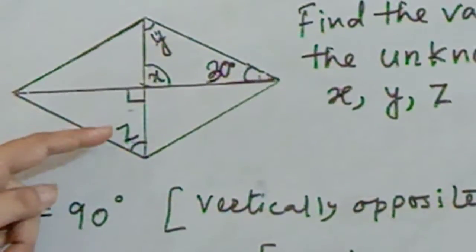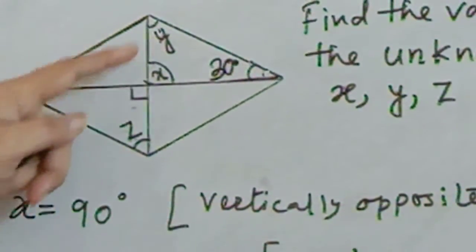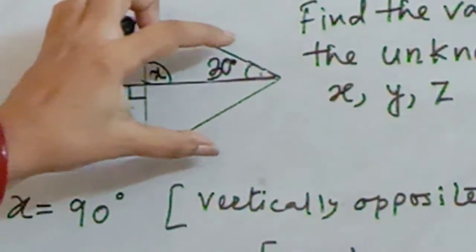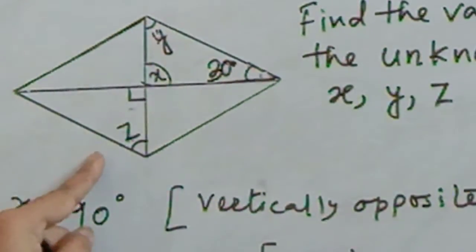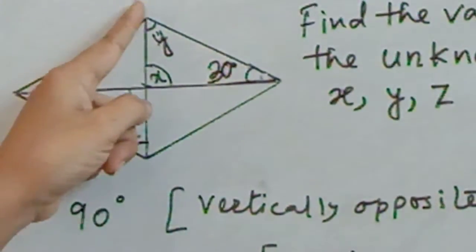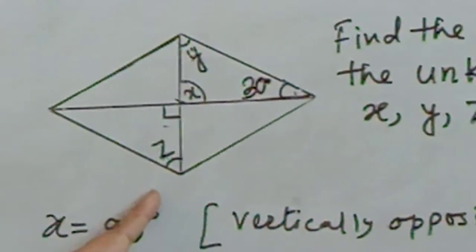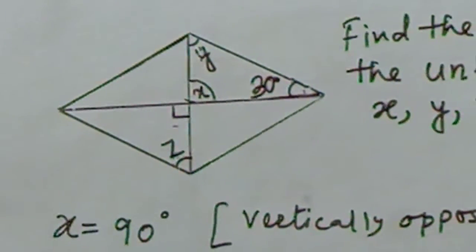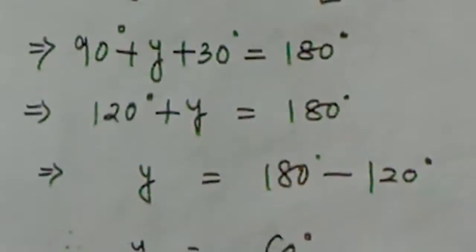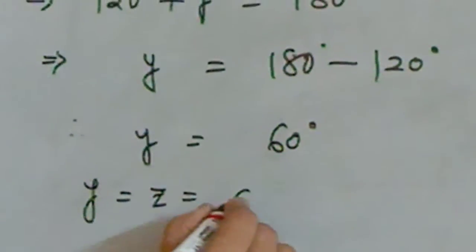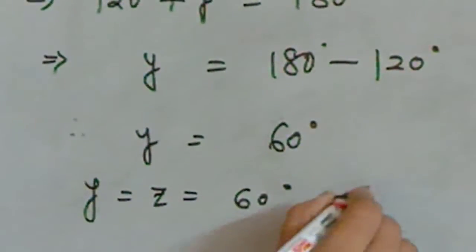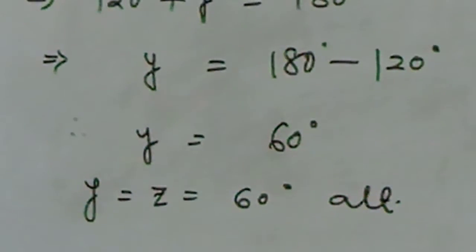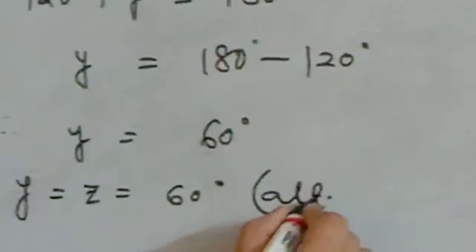After getting y, you can see that y and z are alternate interior angles. In a parallelogram, this line and this line are parallel, and this is a transversal. So y is equal to z is equal to 60 degrees, alternate interior angles.